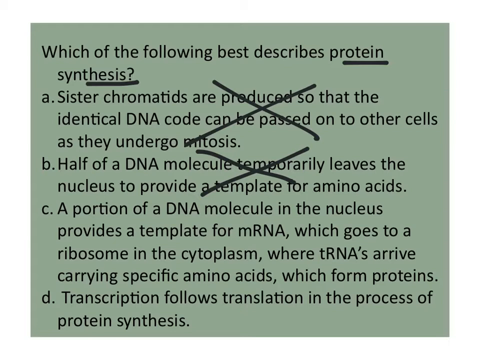C, a portion of a DNA molecule in the nucleus provides a template for messenger RNA, which goes to a ribosome in the cytoplasm, where transfer RNAs arrive carrying specific amino acids which form proteins. Very long, but correct.